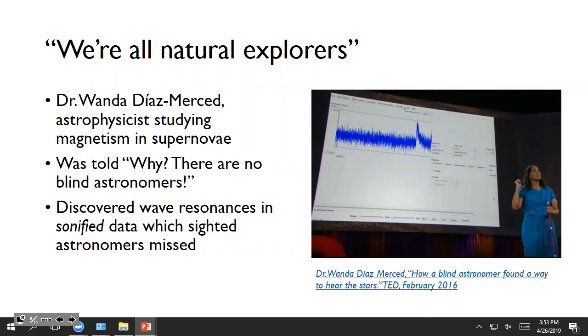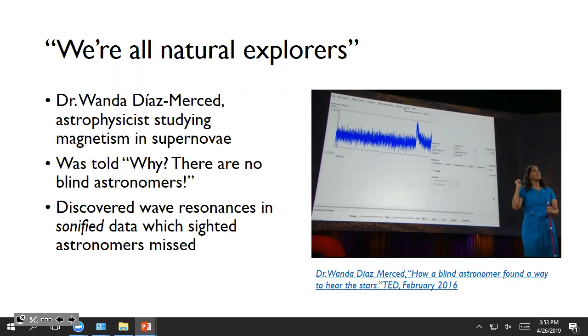So let's just think about that kind of response for a second. But one of the things that she also talks about in this presentation is that she actually made a really cool discovery using that sonified version of the data, which sighted astronomers missed.